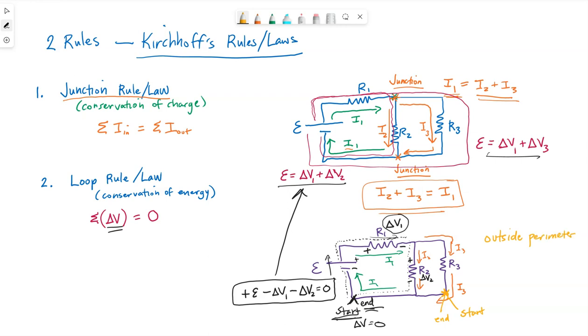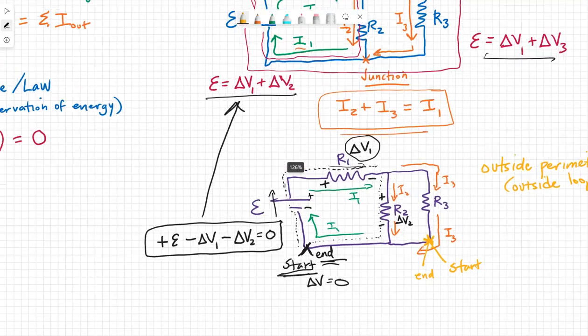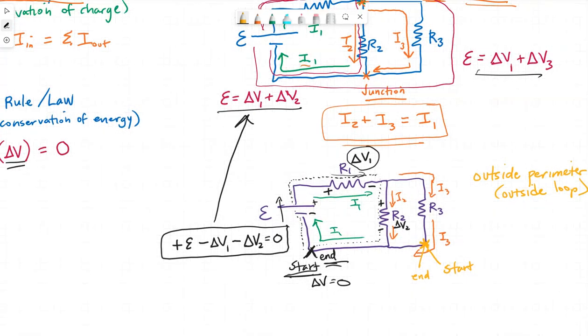That's a loop. So the whole outside loop. And let's go counterclockwise this time. Okay, let me make this a little bigger so we can see my path. So my path, I'm going this way. The first element I pass by is R3.